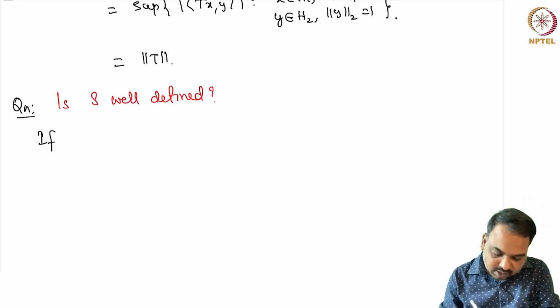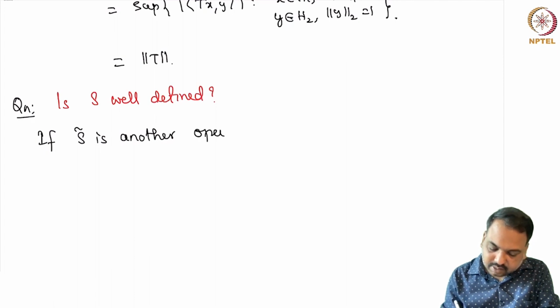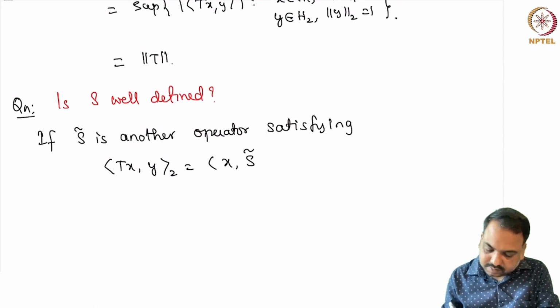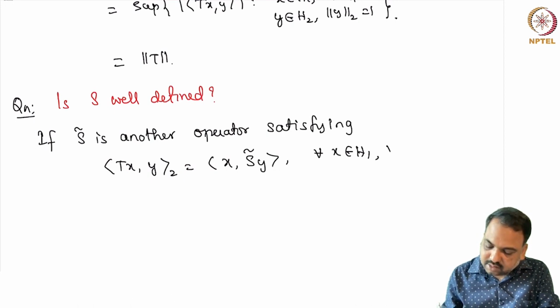Suppose S tilde is another operator satisfying the inner product of Tx with y is the inner product of x with S tilde y for every x in H1 and for every y in H2.